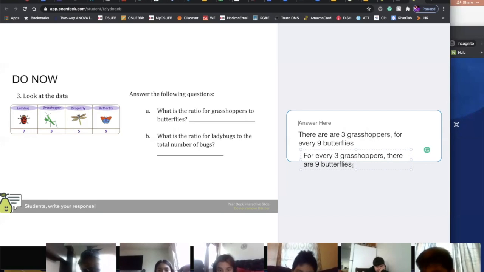You can also write the actual ratio, which is 3 to 9. Or the words 3 to 9. Any of those will suffice. Please fix your Pear Deck right now before we finish the last sentence.